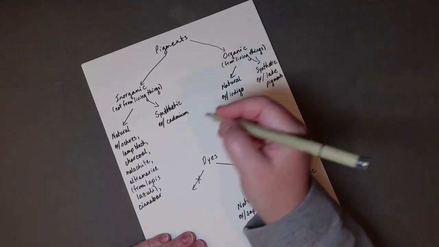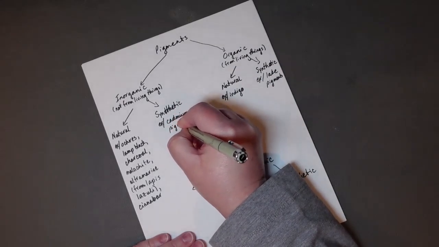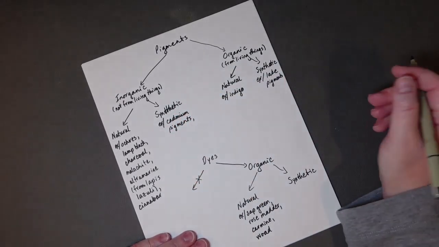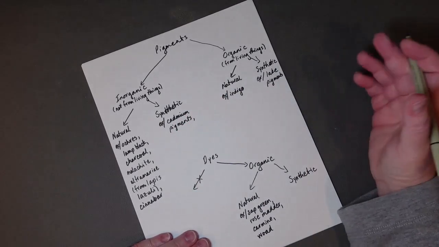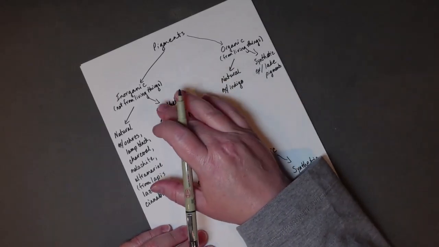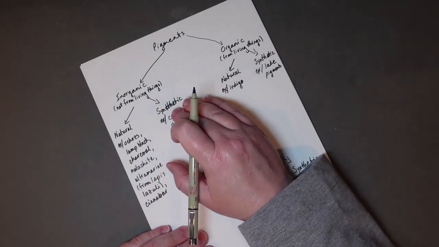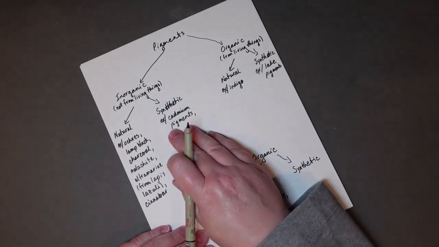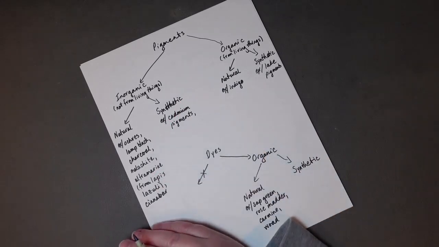Aluminum, calcium, maybe that's what I was thinking of. So cadmium pigments. If we see cadmium yellow, usually cadmium orange, those sorts of things, those are going to be inorganic pigments. So they're not originally from living things, but they're made by humans. You wouldn't dig up chromium or cadmium yellow or cadmium orange. You just wouldn't.